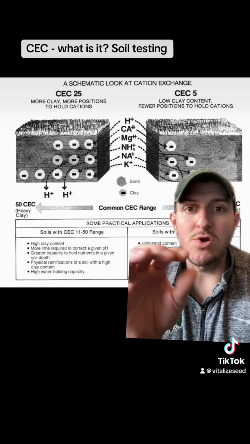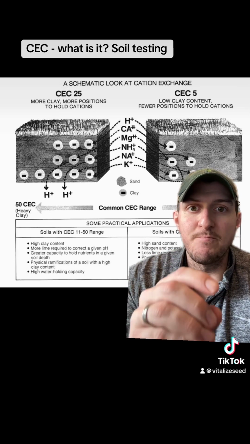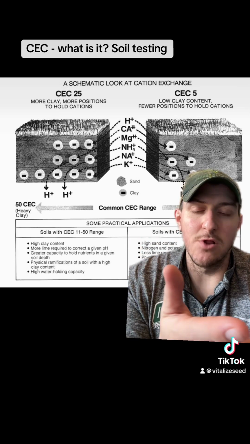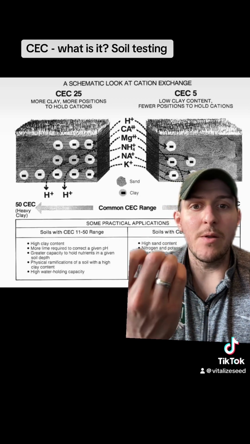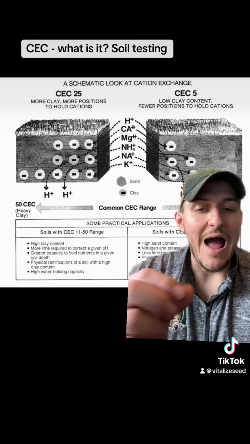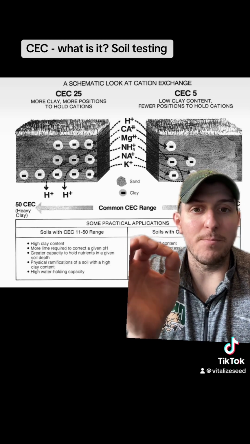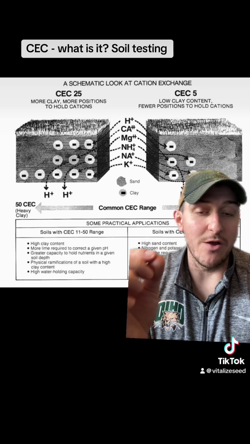So as we continue to look at these two graphs, you can think of CEC as, obviously, lower CEC is a lighter soil, higher CEC is a heavier soil, and it will allow us to understand what type of soil we're dealing with and how we can make our planning and fertility specific to that soil type and crop type.